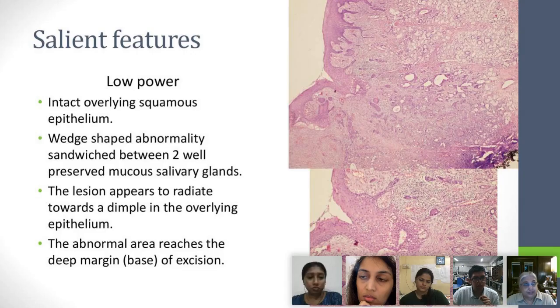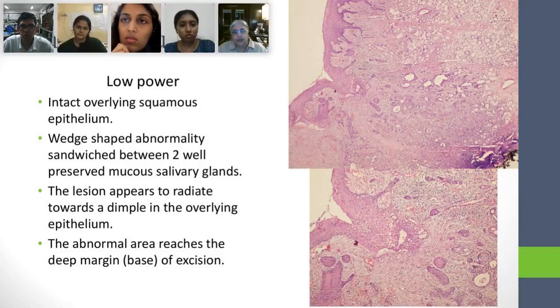It's a benign thing. Now, if you had described this at low power, and I've got it here for you, it's an intact overlying squamous epithelium. There is a wedge shaped, you know what is a wedge? Here is the wedge. On one side, you have a normal minor salivary gland lobule. You have another one on the other side. Part of it has got cut off.